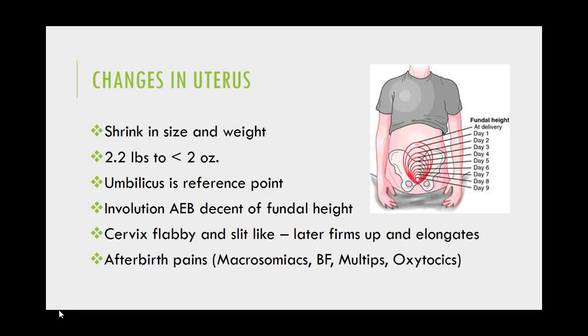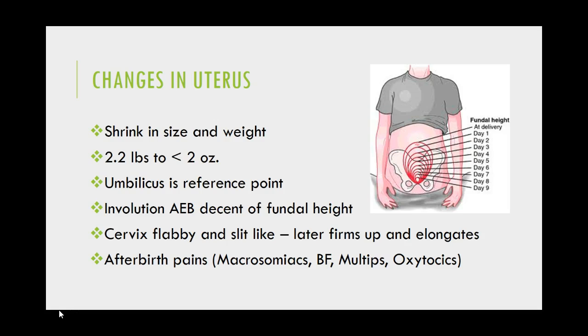So let's talk about change in the uterus. Well, we know that whenever we get pregnant, our uterus goes from about 2 ounces and can expand to almost 2.5 pounds. So we have to shrink that uterus back down after delivery from that 2.5 pounds back to 2 ounces where it was before.